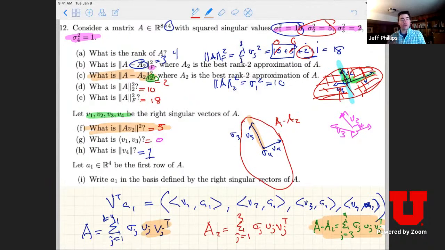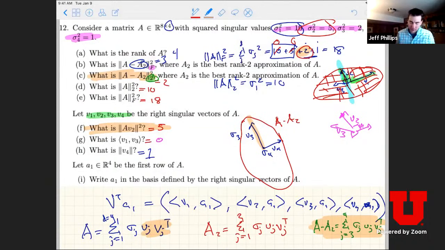Well, the squared norm in direction V3 is the one that maximizes it now, and that would have been 2 in that case. And that turns out to be what the spectral norm is. It's this guy right here. It's the leftover squared singular value that I haven't gotten rid of yet, the largest one that's left.